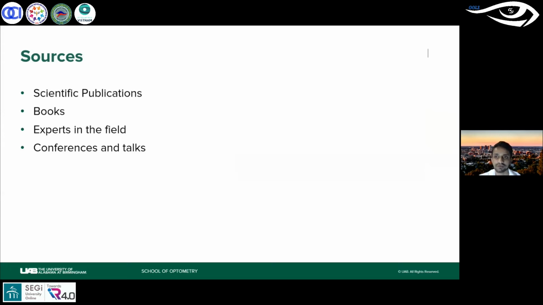It can be difficult sometimes to have access to scientific publications, especially if you're not in an academic setting, if you are in a clinic or a retail outlet. It is always an option, and at least from what I have learned, to reach out to your local optometry school or group and see if you can have access to their library for a minimal paid fee, if possible.